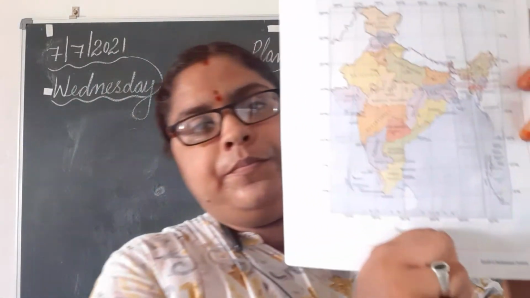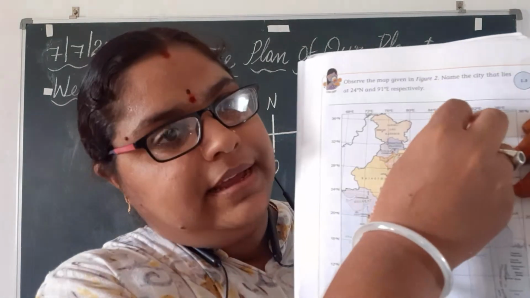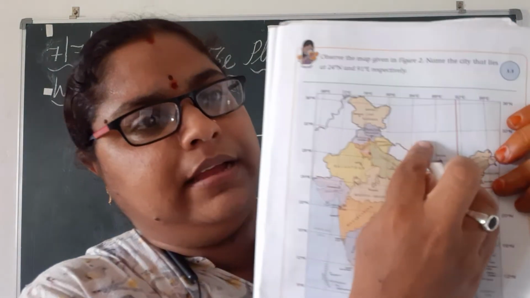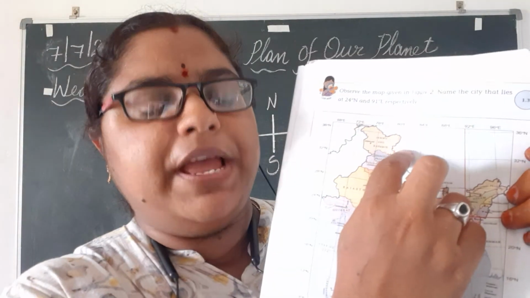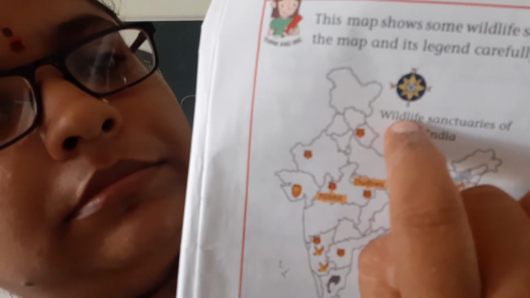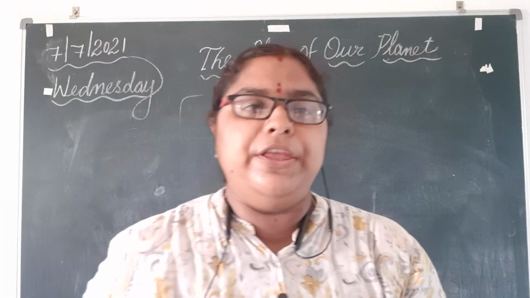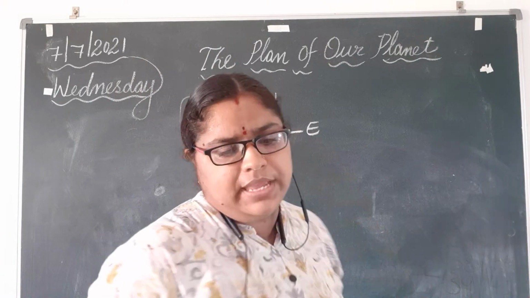See, this is the compass rose. North, south, east and west. By using the compass rose, see in your textbooks. By using this, we can point the directions.